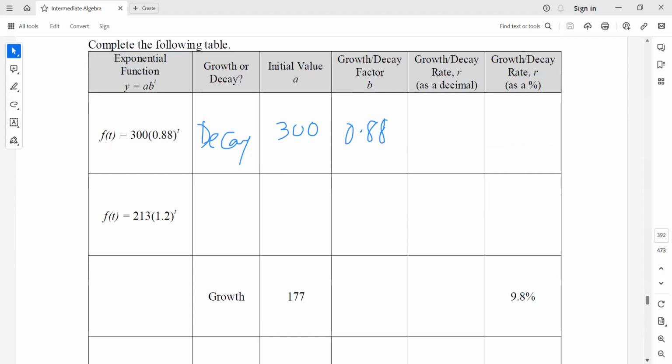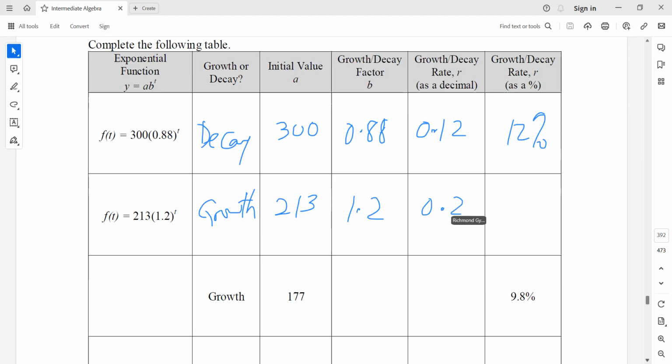So this should be 0.12, and this should be 12%. Now for the next one, you're going to have a growth, 213 for the initial value, 1.2, 0.2, 20%.